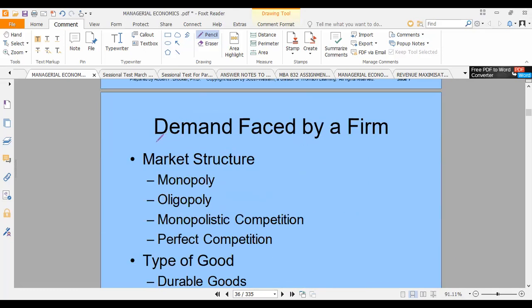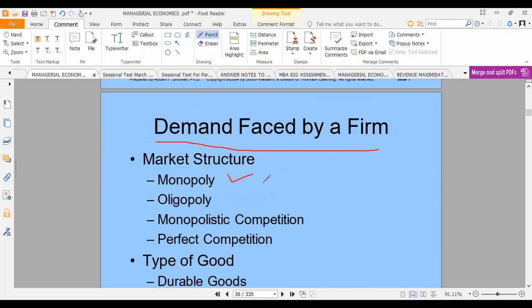So the demand faced by a firm can be elaborated by 4 key market structures. We have a monopoly. This is a market structure where one major seller is involved. This major seller has market power in pricing decisions. The firm is a price setter.